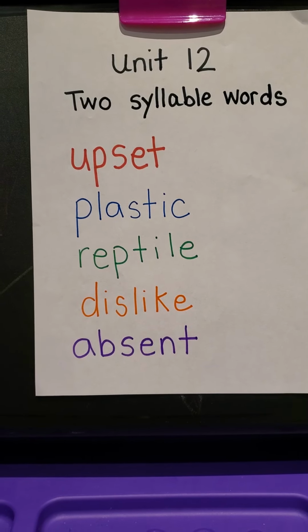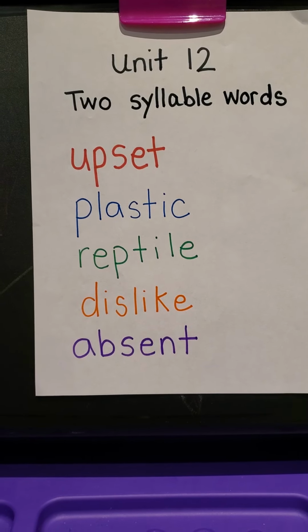So it's plastic. You might say, oh, there's a k sound at the end of that word. Why isn't it CK? Why is it just C? Well, if you remember, CK usually only comes at the end of a one-syllable short vowel word. So here in plastic, it's just C.